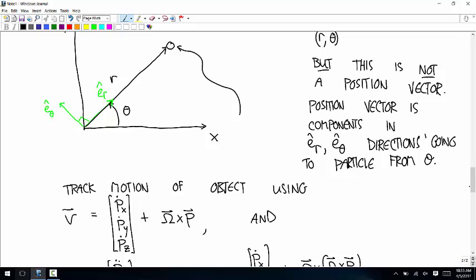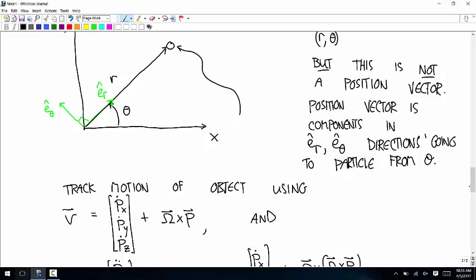How far are you going to go in the ER direction to get to the particle? R, that's right. And then how far in the E theta direction? You're already there. So the position vector is just R times ER plus 0 E theta.